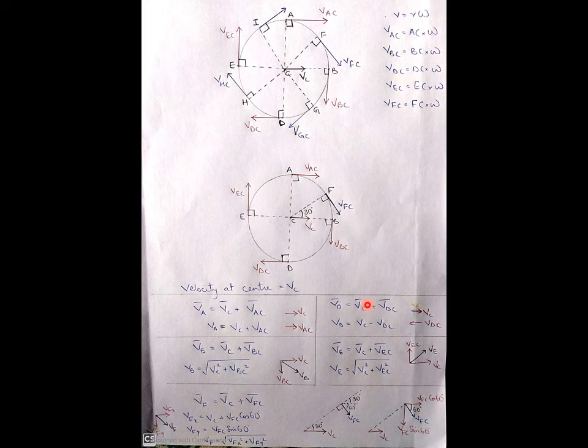Consider the next case, velocity of D. Initially we will be representing it in vector form: vector addition of VD equal to velocity of C plus velocity of D with respect to C. So if you want to find the velocity at a particular point, it is the vector addition of the center point velocity as well as this relative velocity.